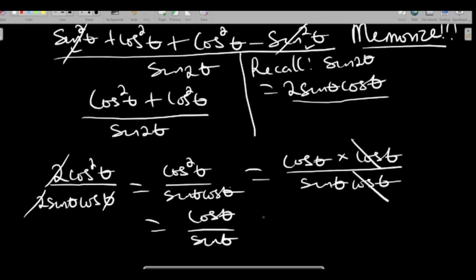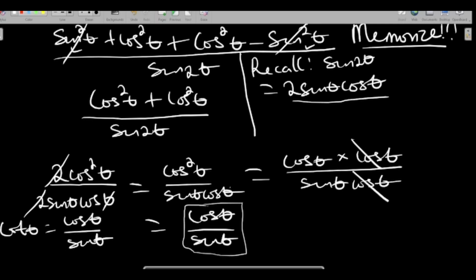And we know that we have a quotient identity that says cotangent theta is equal to cos theta over sine theta. With this right now, we're going to replace everything here with cotangent theta because that is what it is equal to.